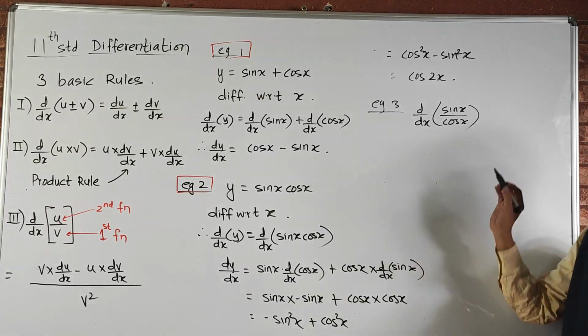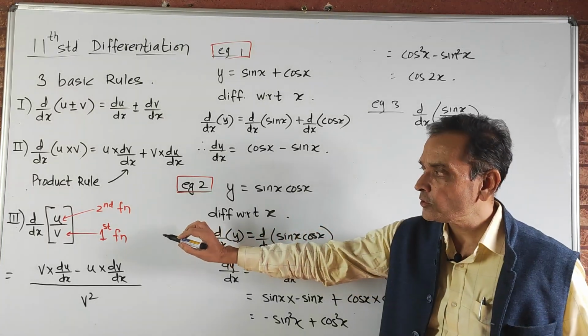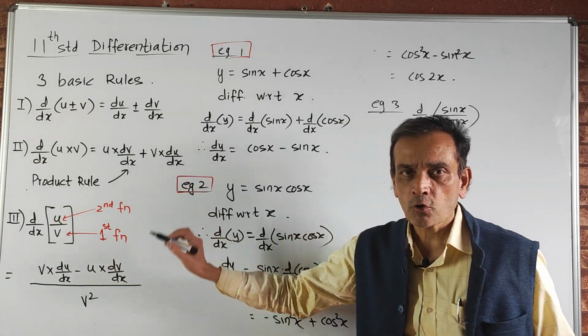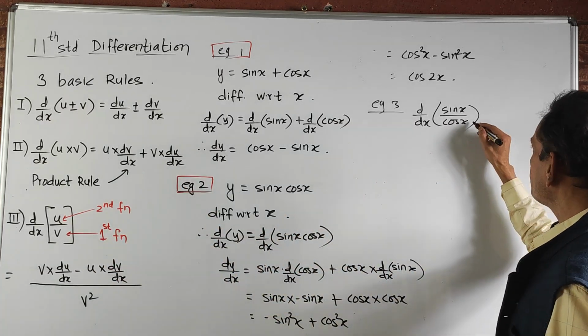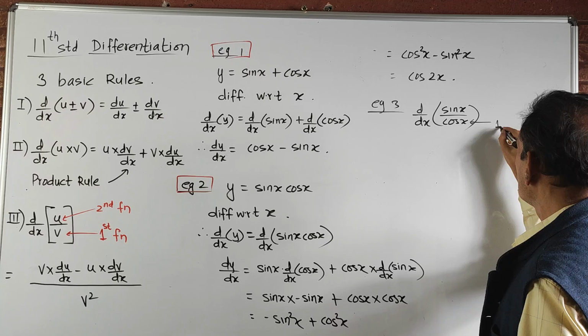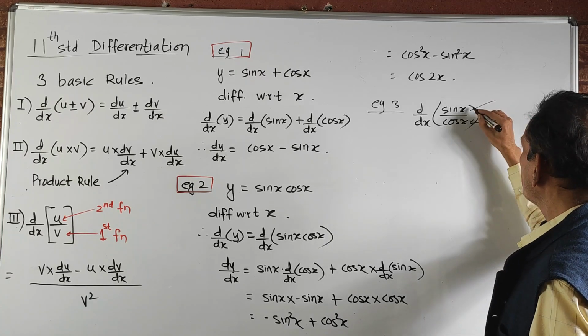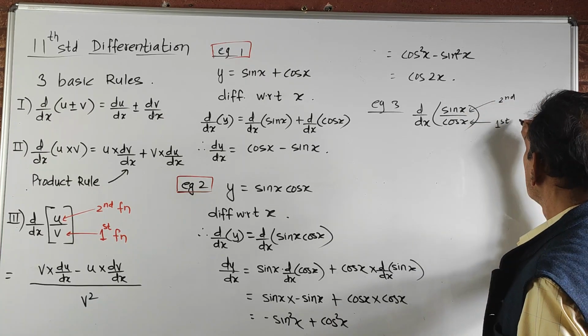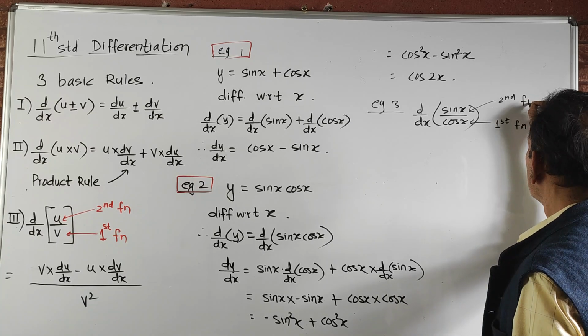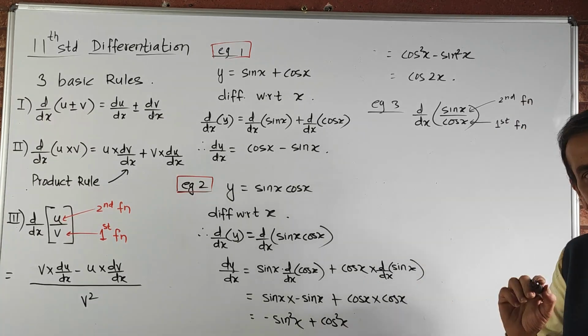So sin x upon cos x आया तो we are going to use the quotient rule. For the quotient rule, immediately I am going to say this is the first function, this is the second function. Then draw a big line.